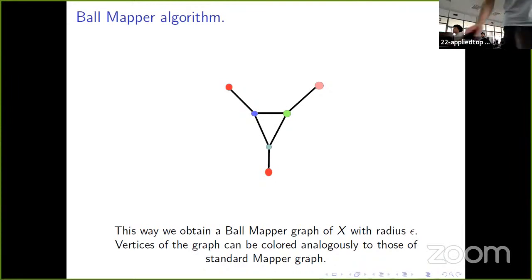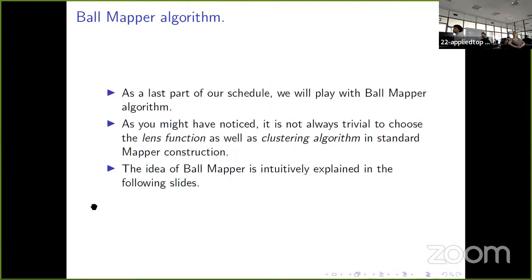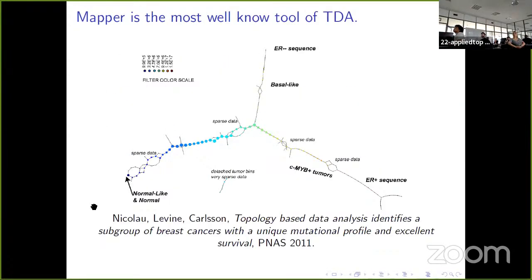I'm sorry for jumping around the slides. I think the most famous example of the coloration is a work by Monica Levin and Gunnar Carlsson, on a breast cancer example. Long story short, there's a control group, a breast cancer population, colored by the number of months the patient survived.